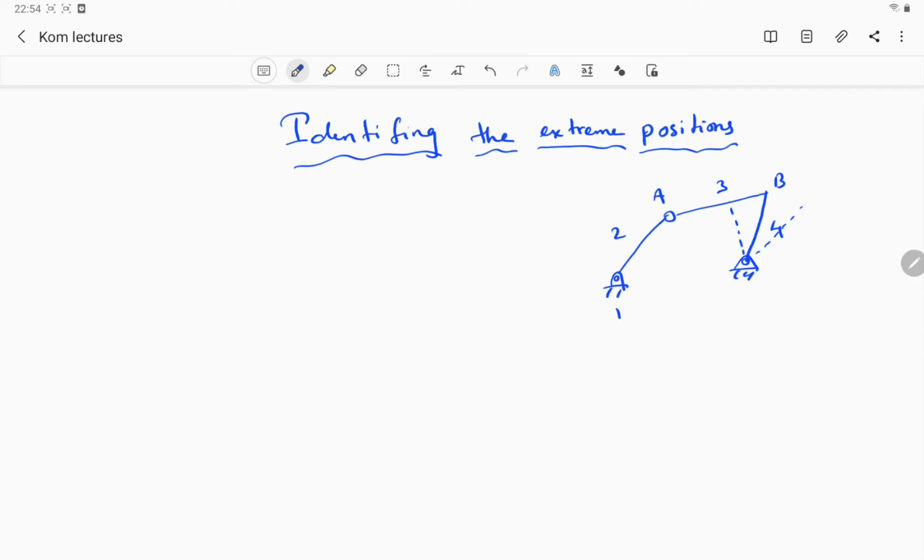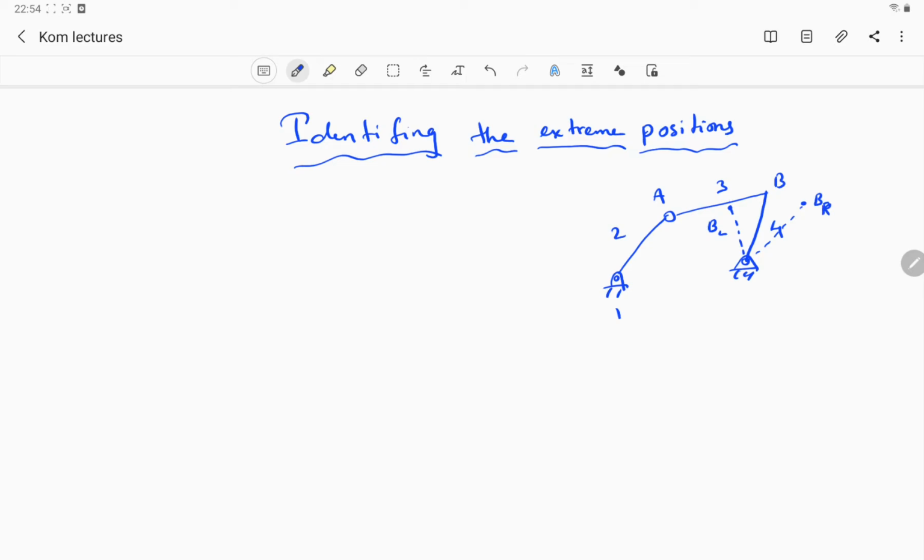So those are the two extreme positions. Let's say this point is BR to represent the right extreme, and this is BL, the left extreme.